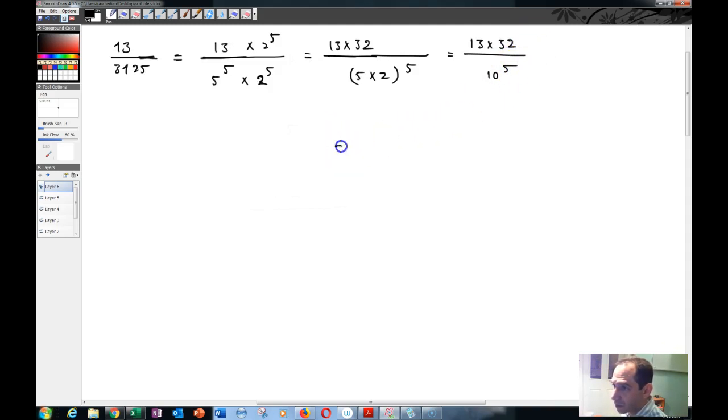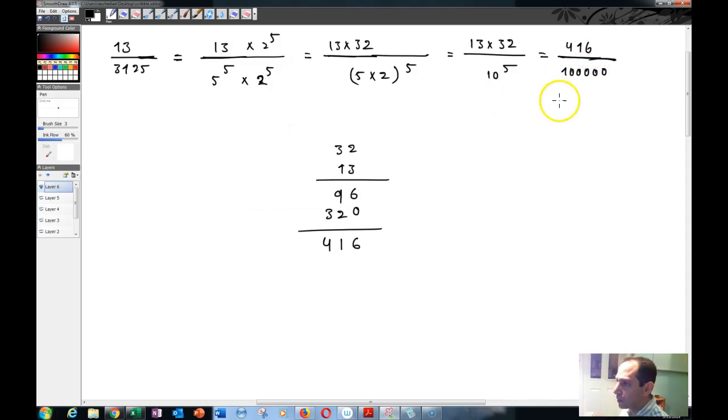And 10 raised to the power 5 is simply 100,000. But now 32 times 13 is equal to 416, over basically 100,000, and that's the same thing as 0.00416.